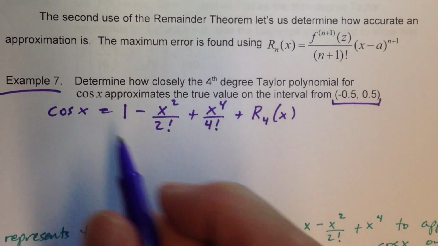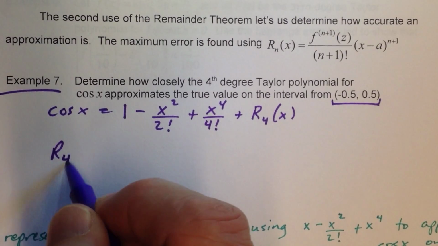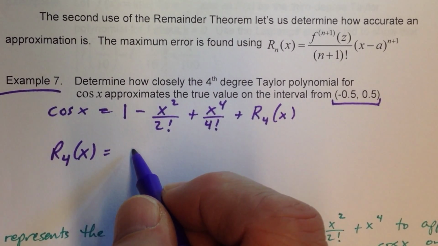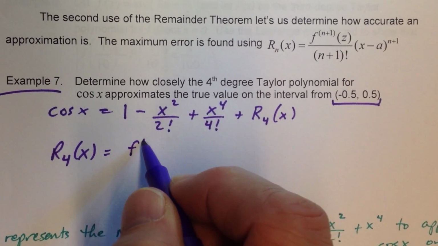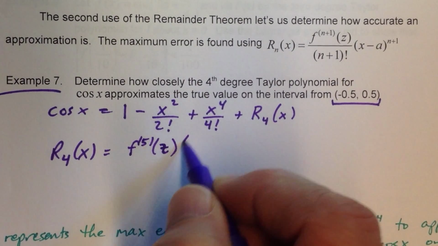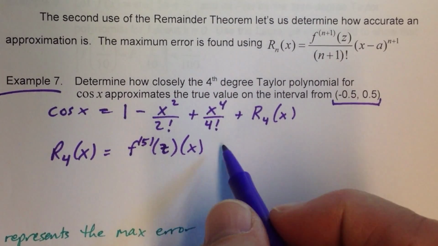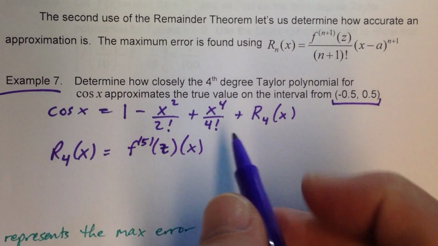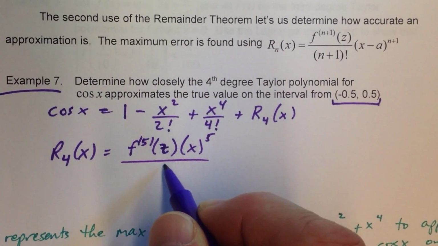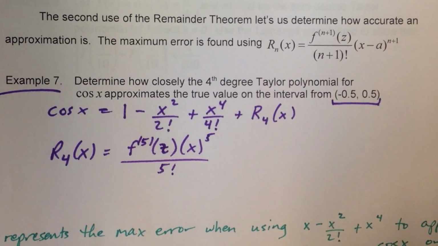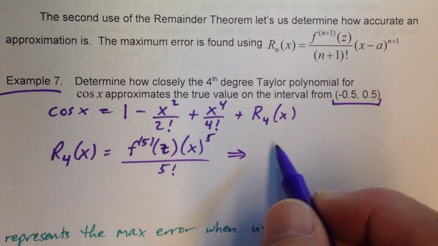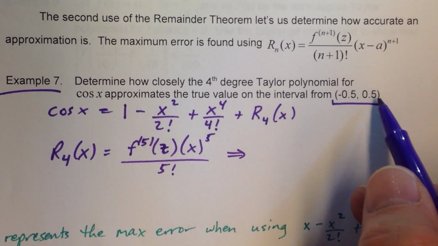Okay, well, we know that the remainder of degree 4 is equal to the fifth derivative at some point z, multiplied by x. I was going to write x minus something, but the something is minus 0, so I'll just leave it as x to the fifth power over 5 factorial. Well, what we're really doing here is we're noticing negative 0.5 to 0.5.